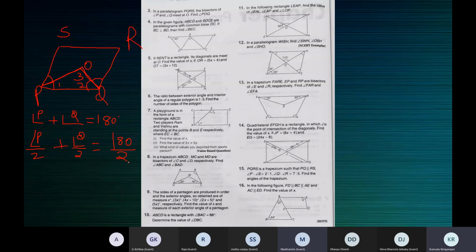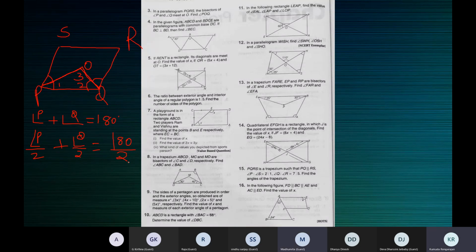Excuse me, ma'am. Ma'am, but we can also do this like we know P and Q are 90 degrees. So when it's divided into half, angle 1 is 45 degrees and angle 2 is 45 degrees. Madhumita, it's a parallelogram. The corners are not right angles.